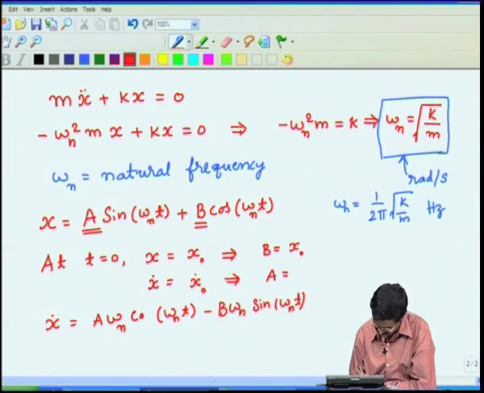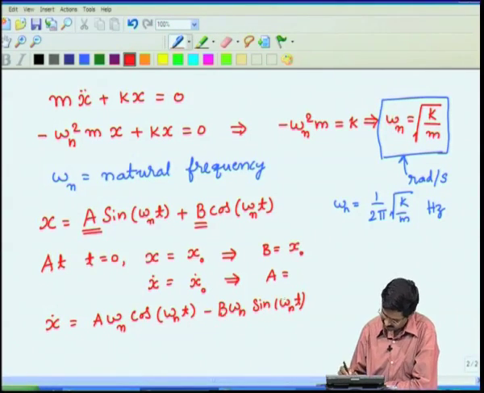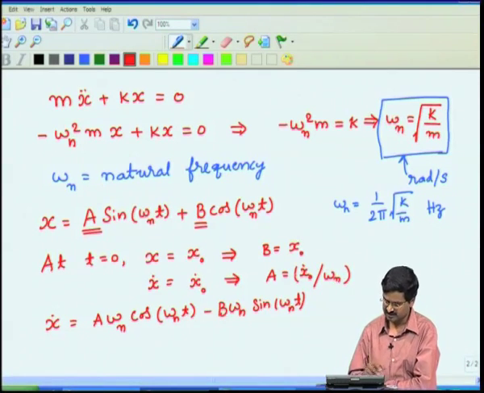Sine becomes cosine. When t equal to 0, the sine term will go to 0 and this will remain, that will have a omega n. So, a is going to be x dot 0 divided by omega n. So, we can evaluate the constants, then we get the general solution of this free vibrating system.